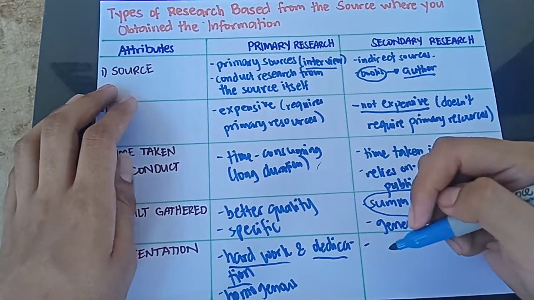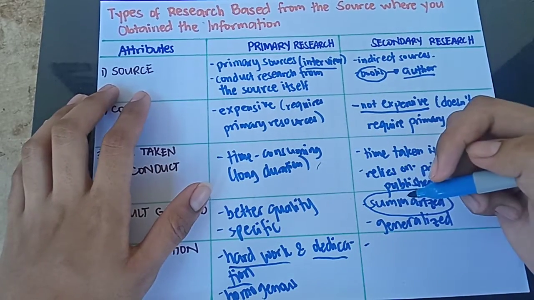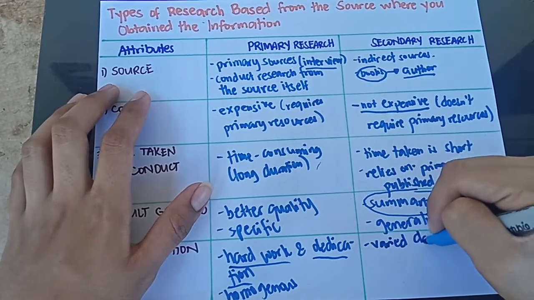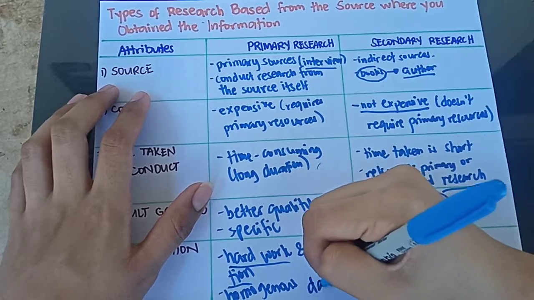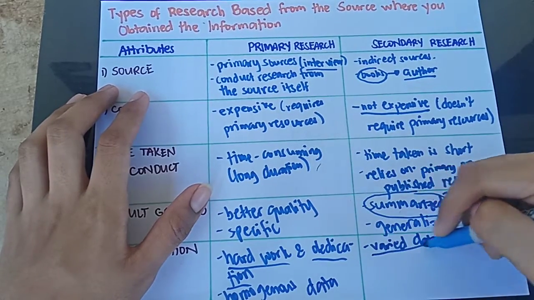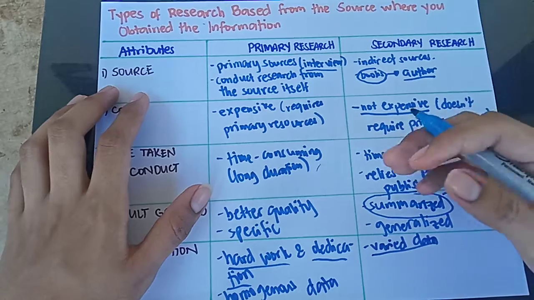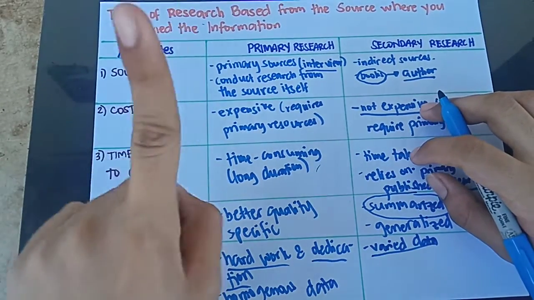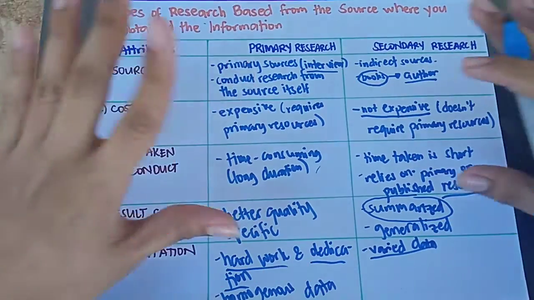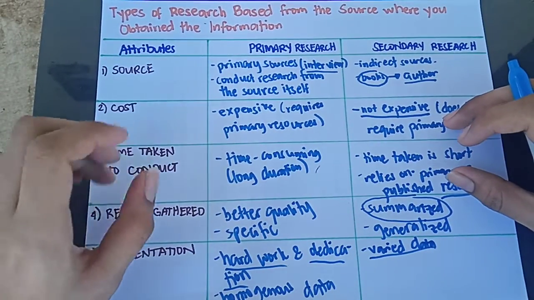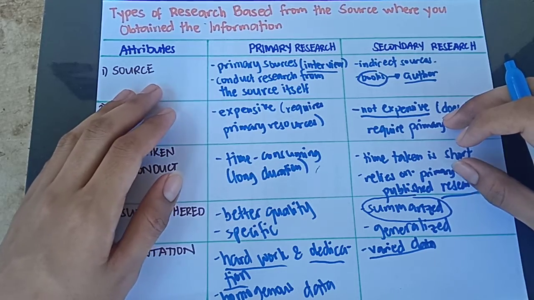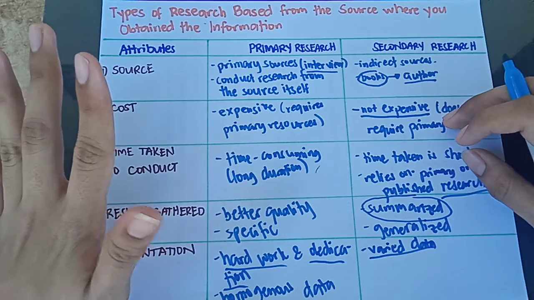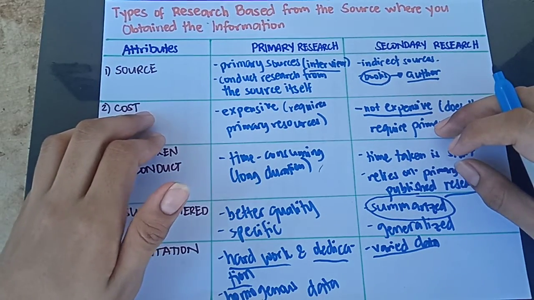While in secondary research, it is presented with varied, heterogeneous data. The data is varied. Why? Because there are different sources. There is no direct source. There is no one source only. There are different kinds of data to be represented. There are different ideas and concepts to be consolidated.